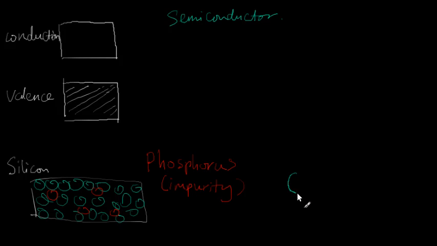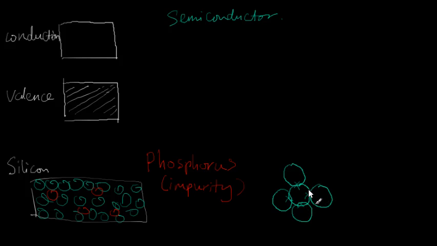Now the idea is that a silicon atom has 4 electrons in its outermost orbit, or outermost shell, as it is often called. What these electrons do is that they share with neighboring silicon atoms.